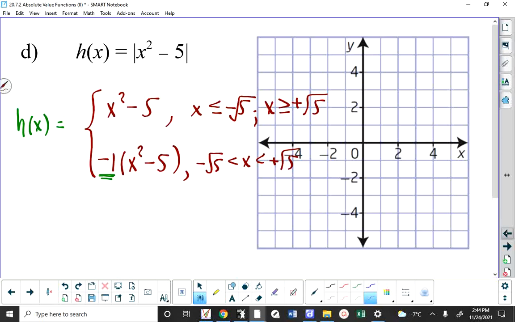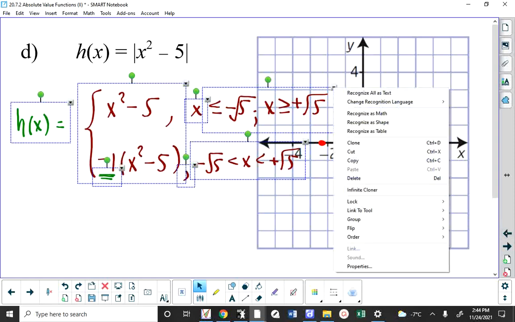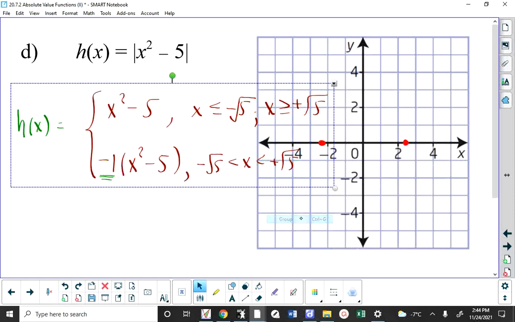If you were to sketch, I guess we should know what root 5 is. Let's calculate root 5 even to 1 decimal place. Lynette, 2.2 approximately. So root 5 will be here. Negative root 5 will be here. I'm going to move this a little bit out of the way for us.